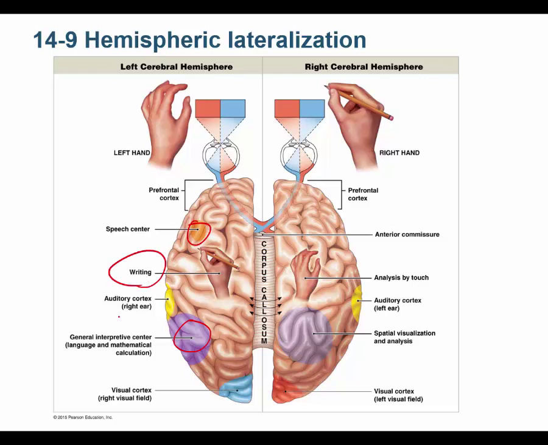So it does writing, it does arithmetic, and Wernicke's area, by the way, would help do reading because you're actually reading in a certain language. So reading, writing, and arithmetic is the left hemisphere. So what does the right hemisphere do for you? It does spatial analysis. So you can see right here, spatial visualization and analysis. It's your artistic lobe or artistic hemisphere.